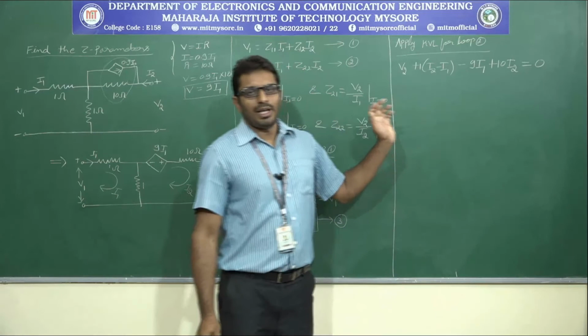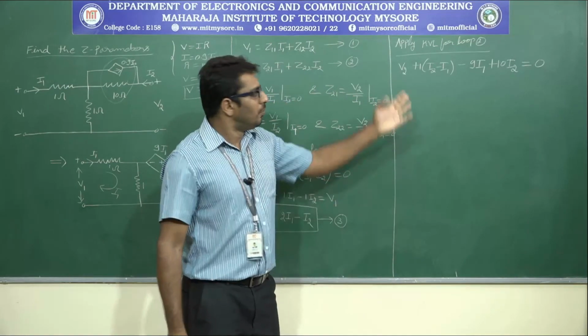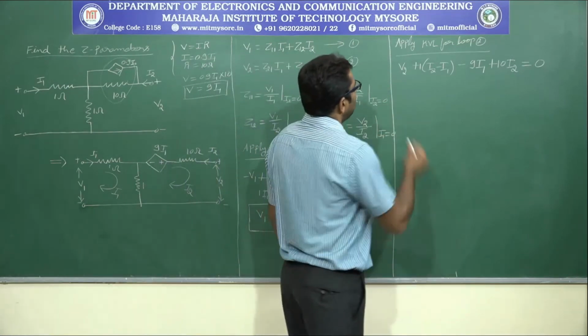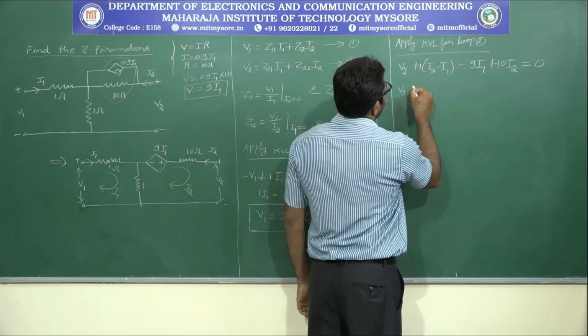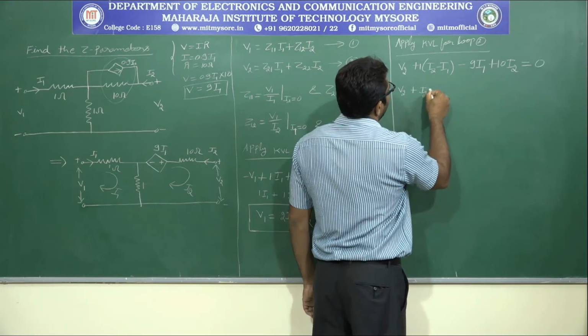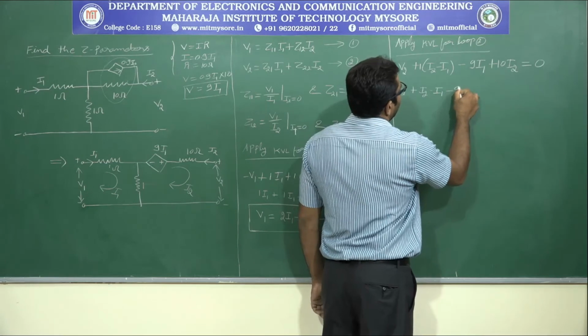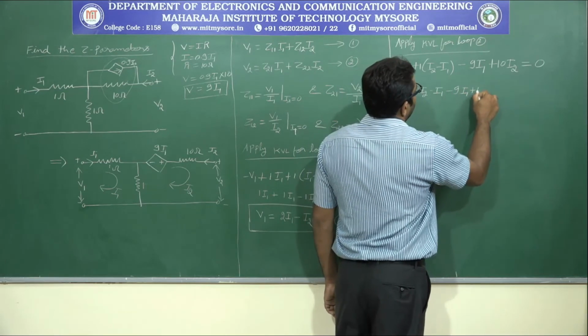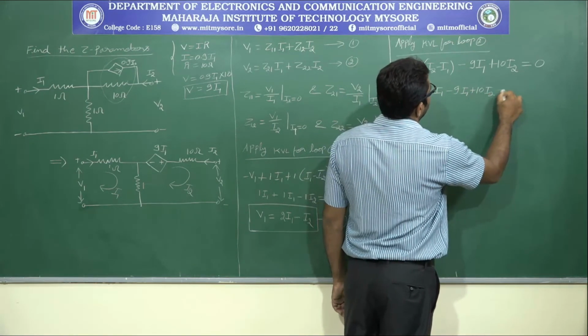One more simple KVL equation for loop 2. Now simplify this equation. V2 plus I2 minus I1 minus 9I1 plus 10I2 is equal to 0.